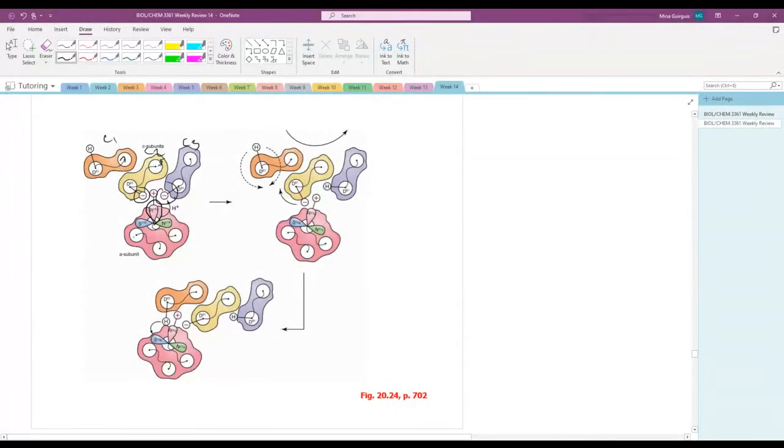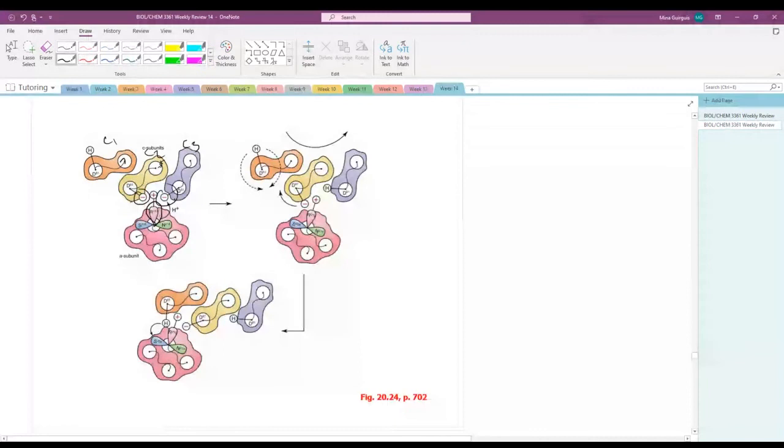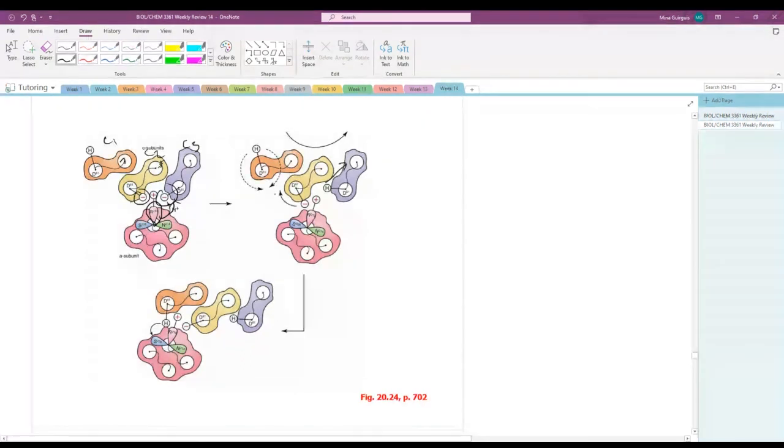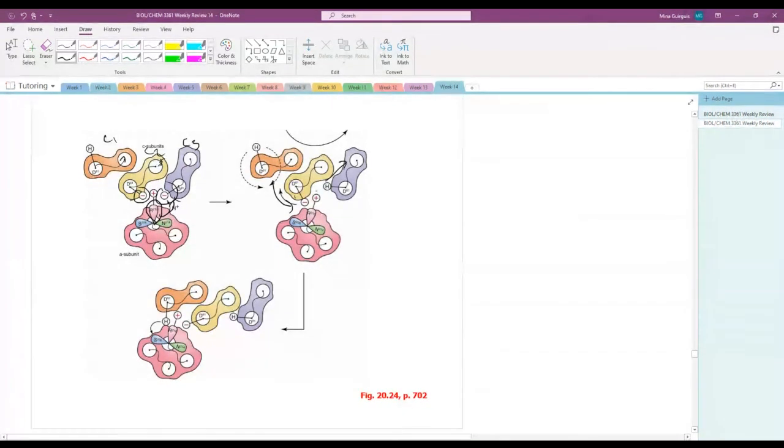But that C3 subunit is going to take one of the protons from that arginine, and in doing so, it's going to be able to get further away since it no longer needs to be stabilized by the arginine. And when that happens, C1 can get closer, and C2 can kind of shift over, in this case, to the right.